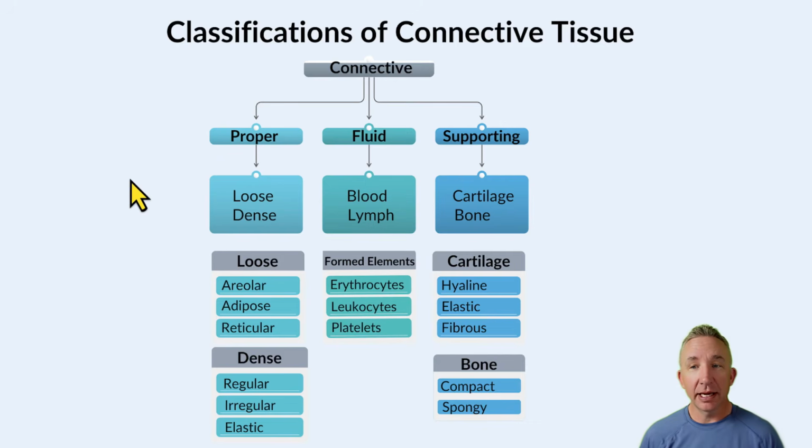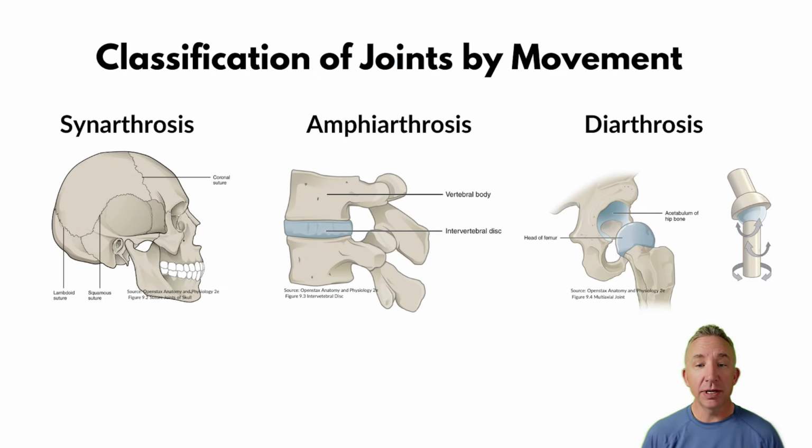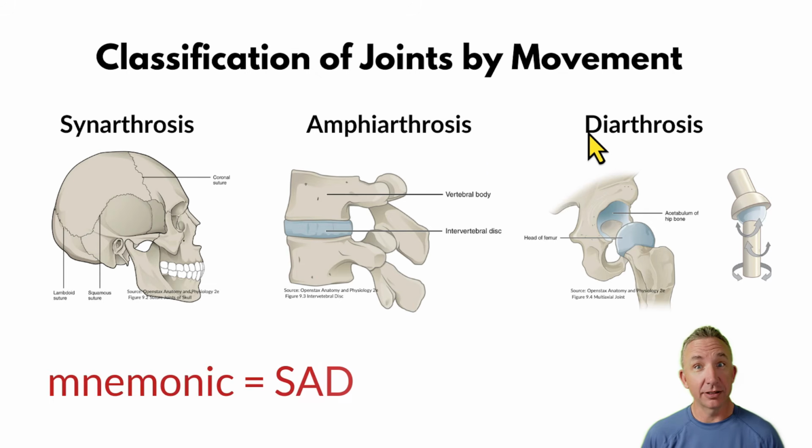Once we structurally put them together, they typically have three movements: synarthrosis, amphiarthrosis, and diarthrosis. In plural, you add an -es, so synarthroses, amphiarthroses, and diarthroses. I just use the acronym or mnemonic S-A-D, that you're sad that you need to learn all this.